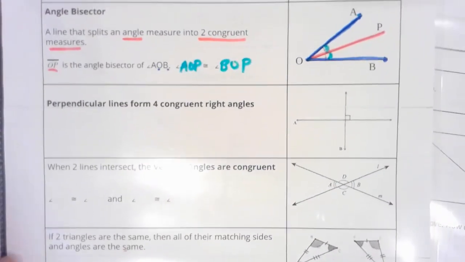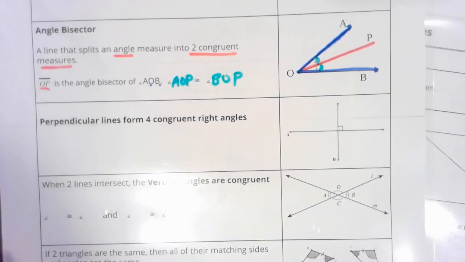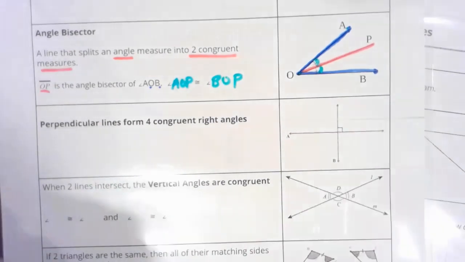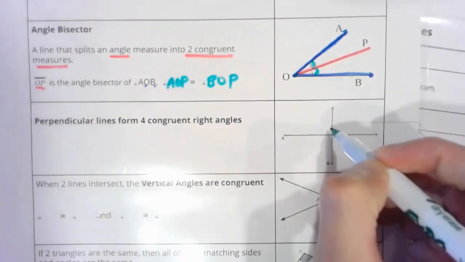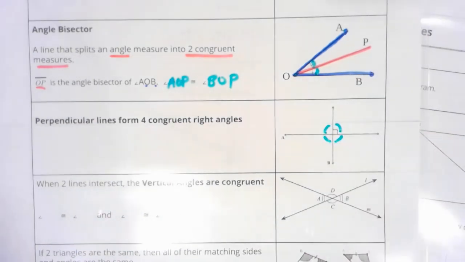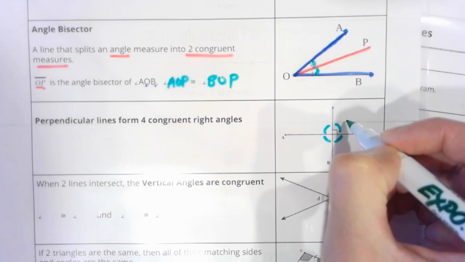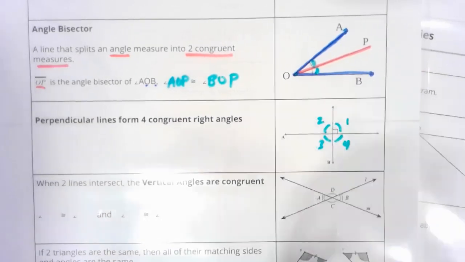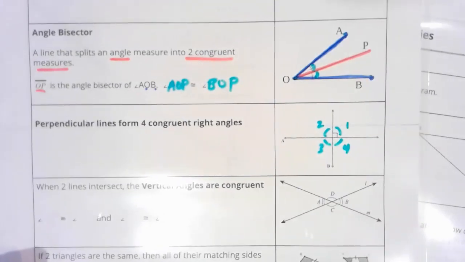Next, perpendicular lines. So you know of perpendicular lines as being two lines that form a right angle. What's also true about perpendicular lines is if the two lines are perpendicular, so if line A is perpendicular to line B, then all four of these angles that they create, let's say this is angle 1, this is angle 2, and this is angle 3, and this is angle 4, are going to be congruent to each other.